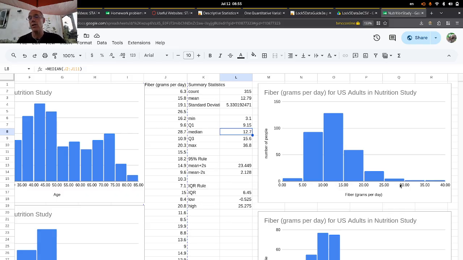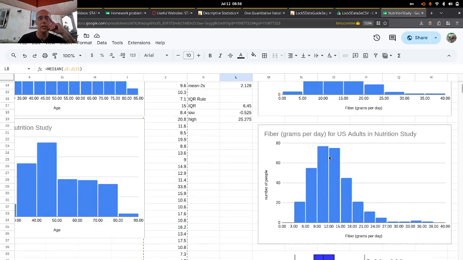It doesn't care how far away the higher or lower numbers are from center. So the mean and standard deviation are subject to movement based on extreme values, whereas the median and the IQR are not. They're just in the middle.